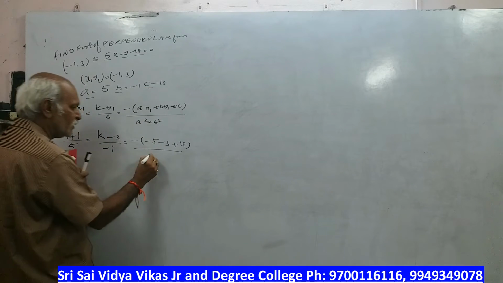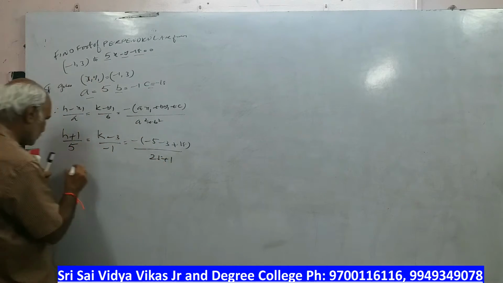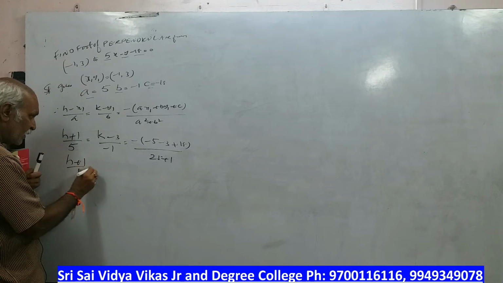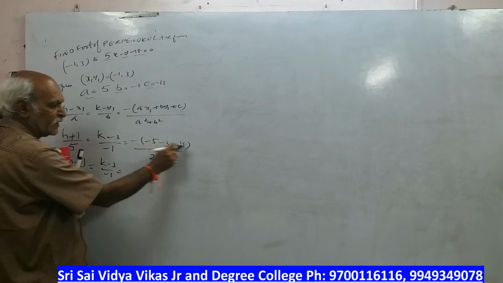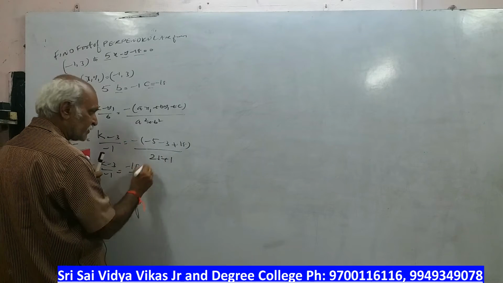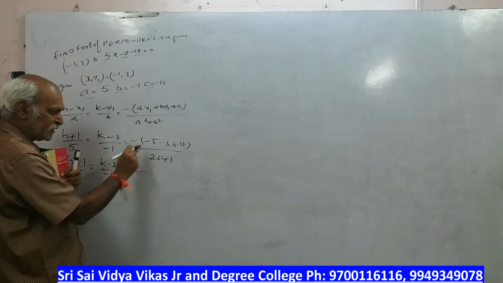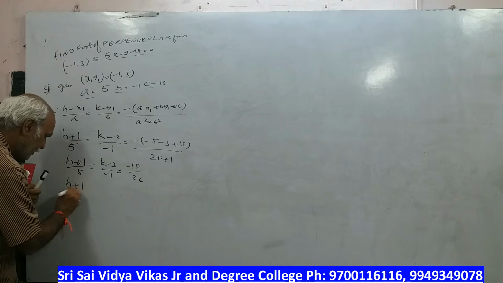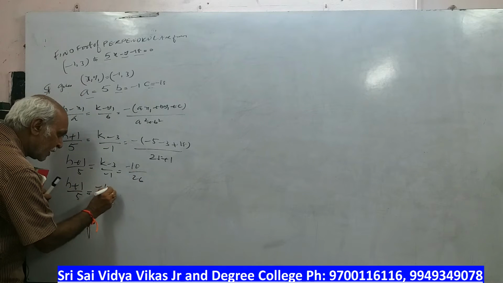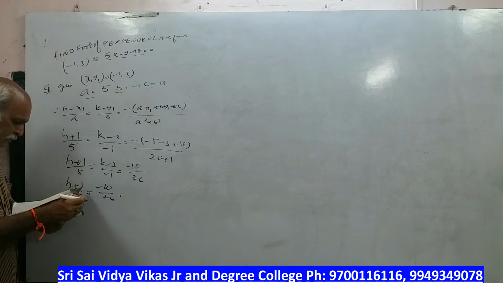A square means 25, plus b square 1, so 26. So h plus 1 by 5, k minus 3 by minus 1, and this becomes minus of the numerator by 26.